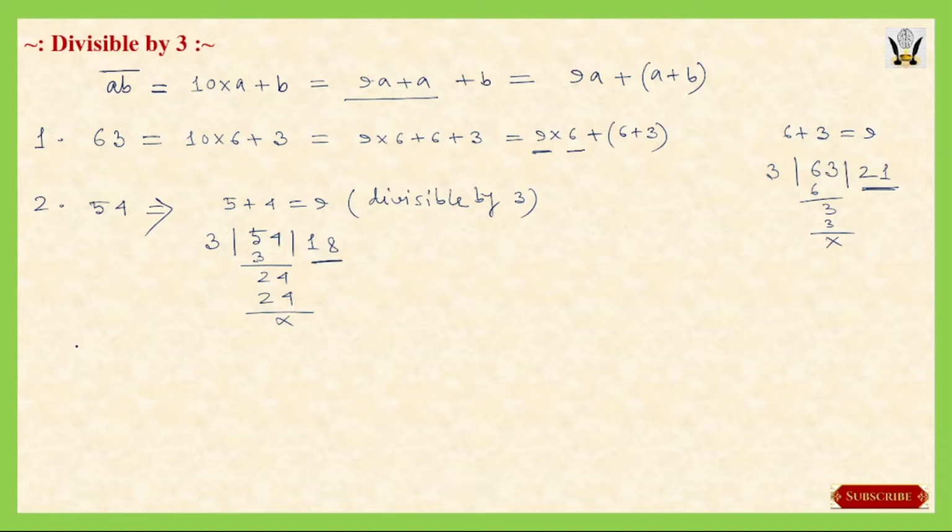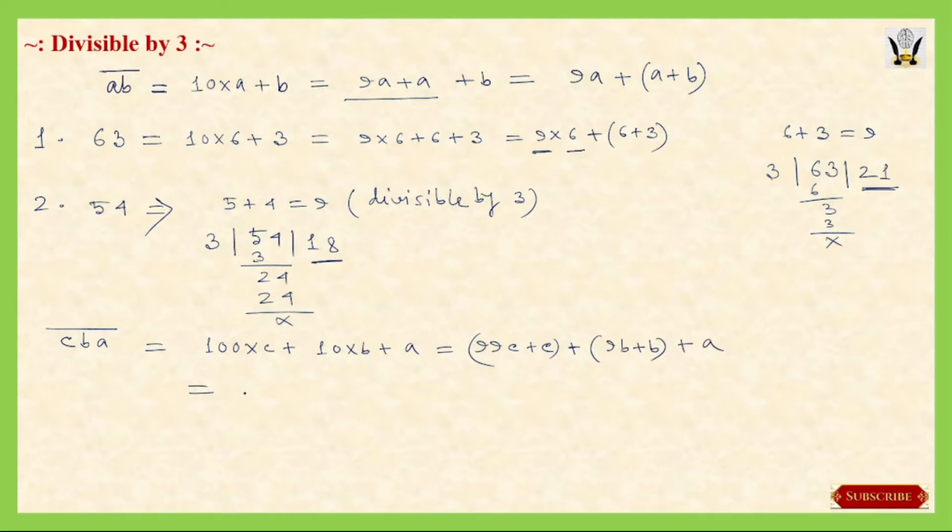So this is the logic. Now if we take a 3-digit number, say ABC, then ABC can be represented as 100 multiplied by A plus 10 multiplied by B and then C. It can be further expressed as 99 multiplied by A plus A, and 10B can be expressed as 9B plus B, and then we have C. Now if we separate 99A and 9B, the remaining terms are A plus B plus C. From 99A plus 9B, 9 is the common factor.